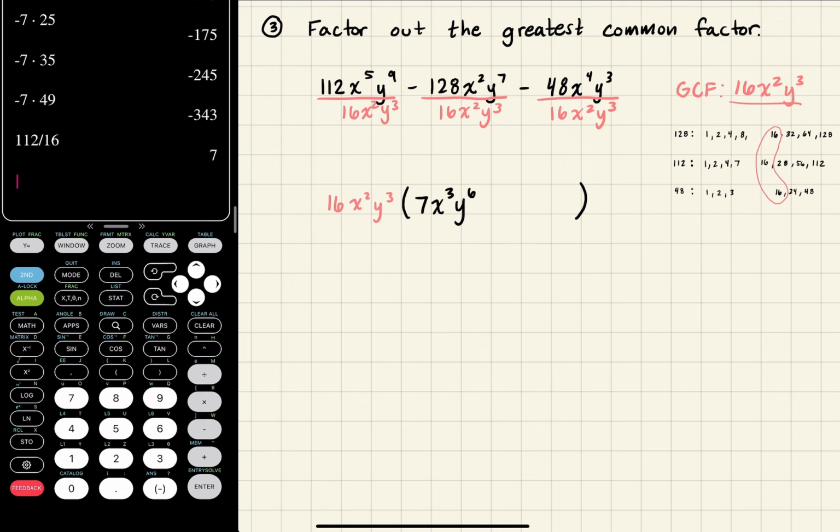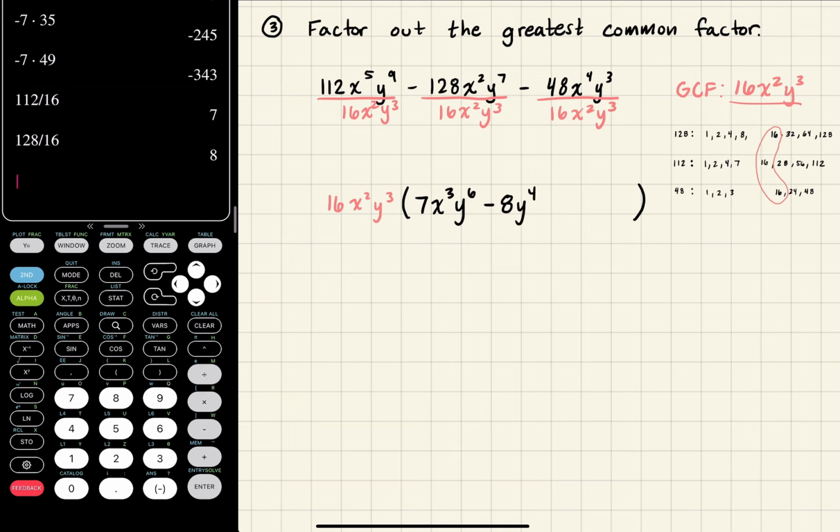Looking at the middle term, 128 divided by 16 is 8. So we'll have a minus 8. 2 minus 2, those are going to cancel. And 7 minus 3 is 4, so we will have y to the 4th.